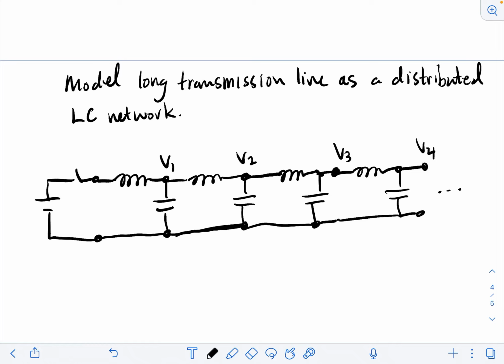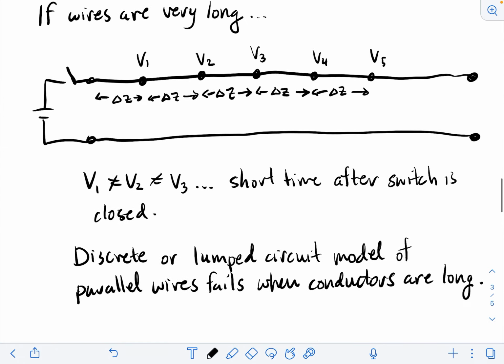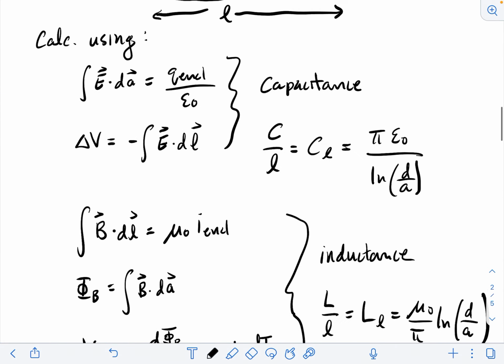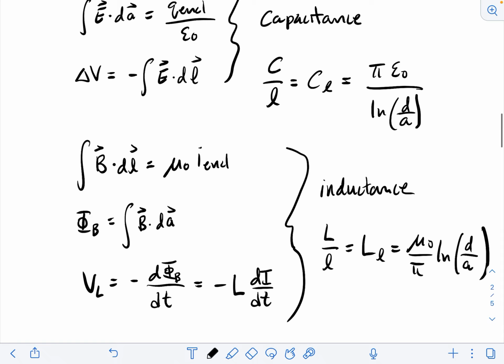Okay, so in this case, the inductance of each of these inductors would be the inductance per unit length for the geometry that we chose. Notice that we didn't do this calculation, but let me go back here. The inductance per unit length, when we divide by the length, the L doesn't appear in this expression here. Same thing for the capacitance per unit length.